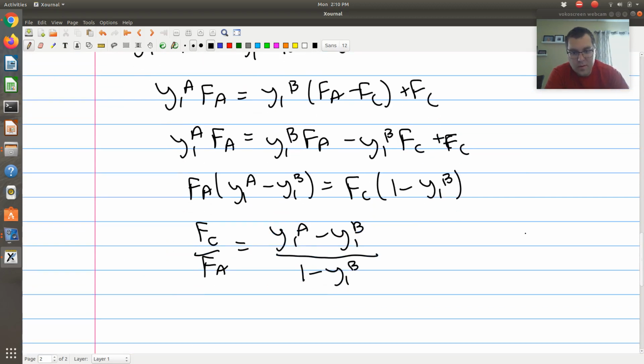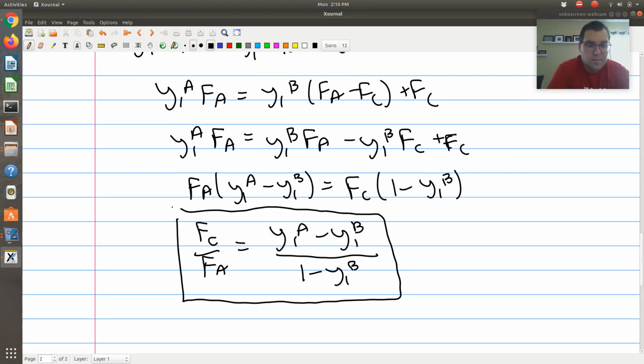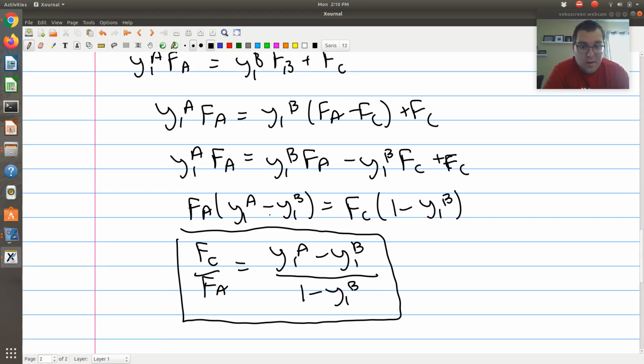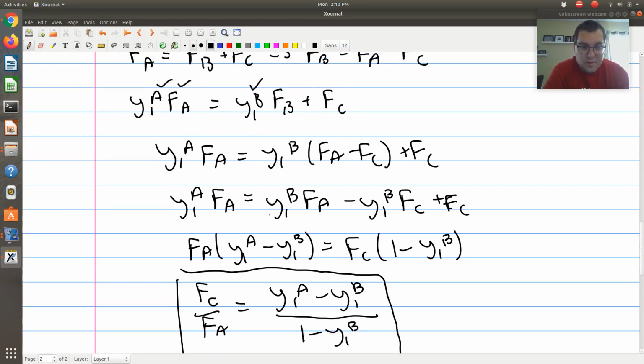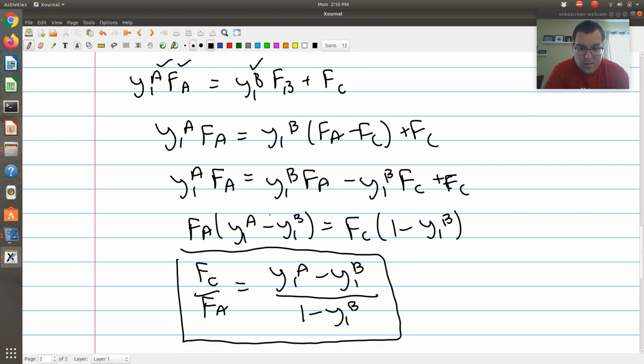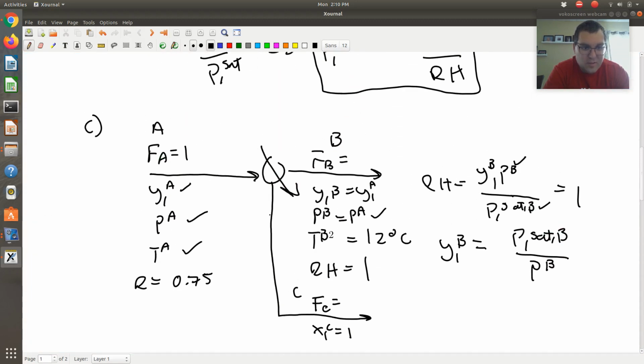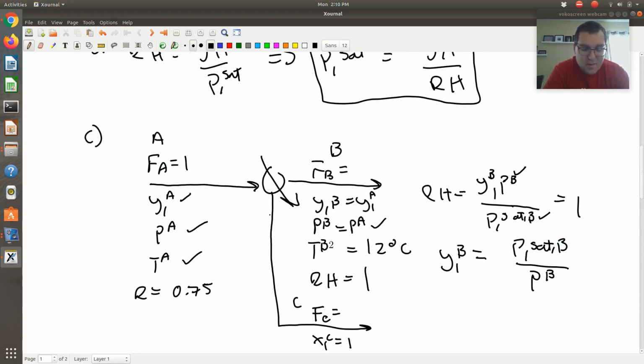So this would tell me how much water I'm condensing and removing. Since Y1A is going to be less than 1, this is going to be some fraction of that initial stream. I think that looks right. Basically we're cooling it.